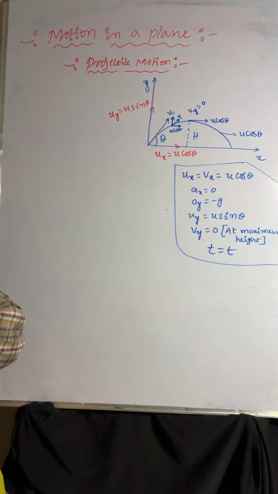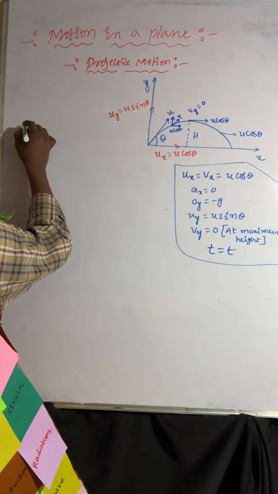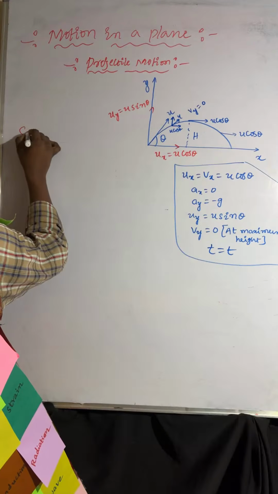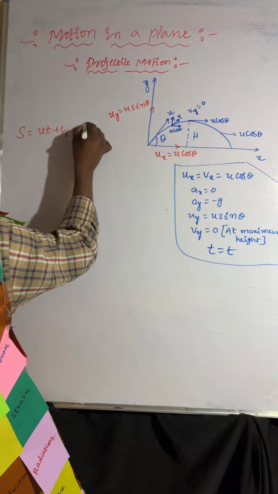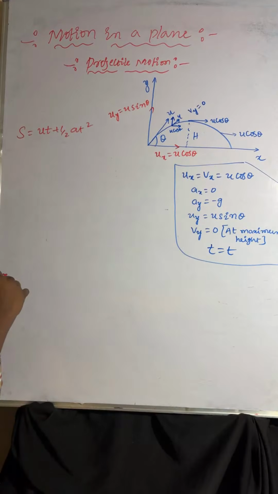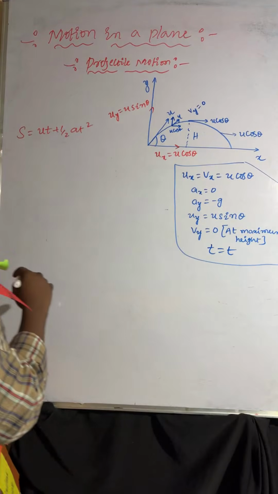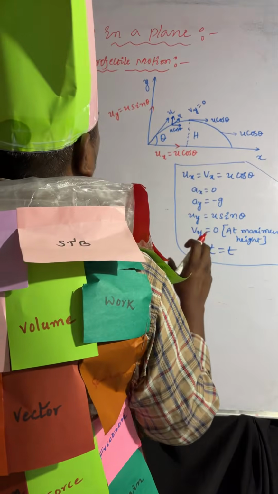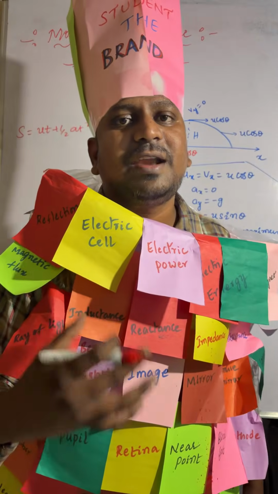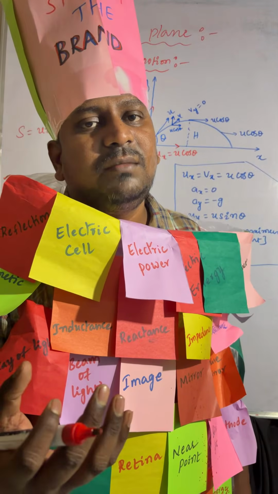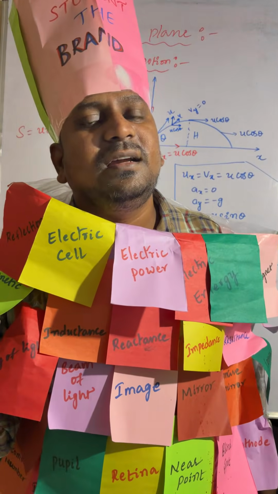Now you can observe. We know S equal to ut plus half at square, and this equation we are considering to show that the path of the projectile, or trajectory of a particle, is a parabola. Trajectory of a particle means the path of the particle.